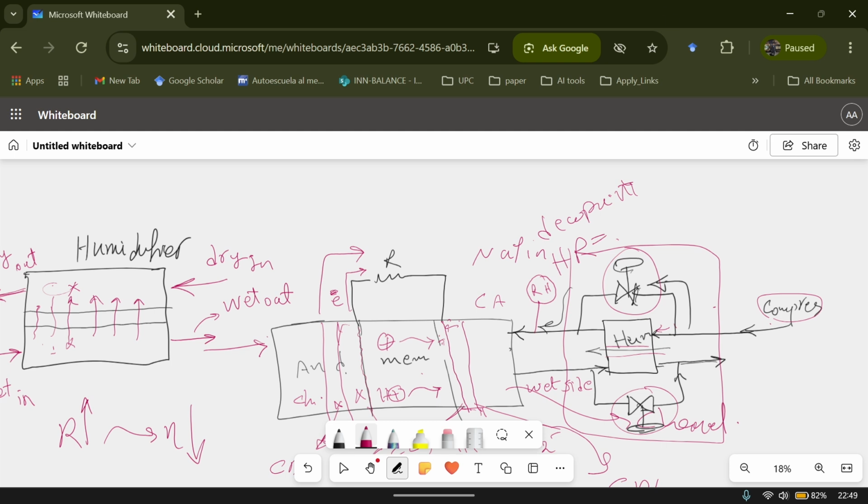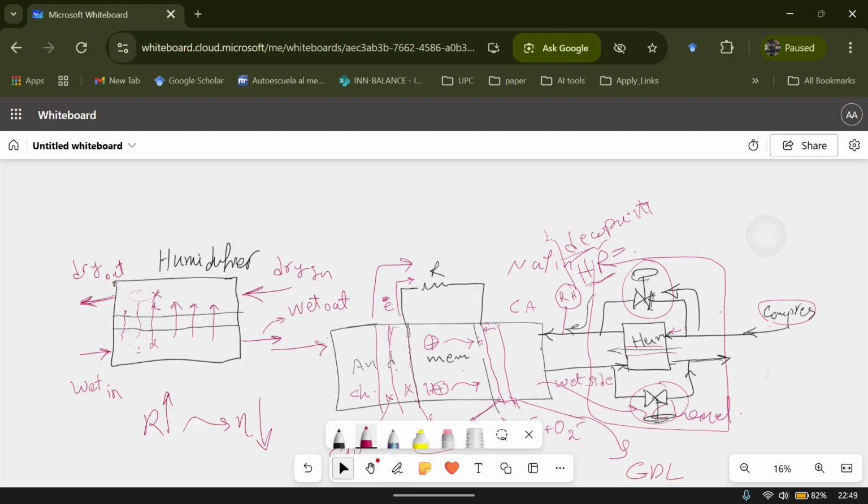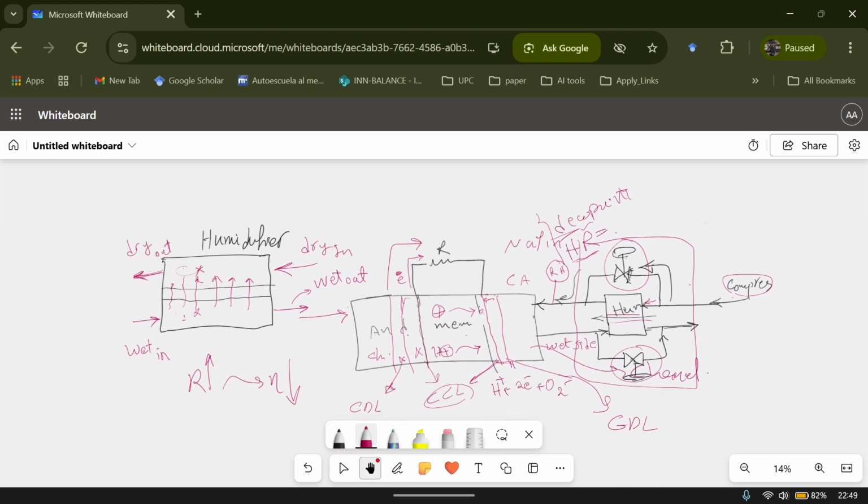In a separate video I will explain in detail how we can use the dew point and why we use the dew point and humidity ratio to control the humidity. In this session we just wanted to focus more on why we have to use a humidifier.